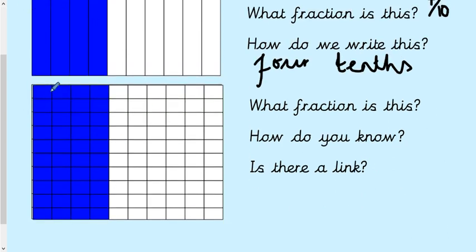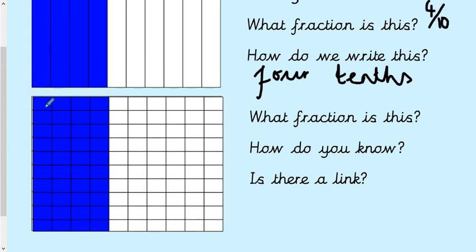Then the next one, what fraction is this? So this one, there are 100 squares, and we can see that there are 10 in each column, and there's 1, 2, 3, 4. So there's going to be 40 shaded. You might have counted them, but that would have taken quite a while. But I know because there's 10 in one, if this is 10, that's 10, that's 10, that's 10.